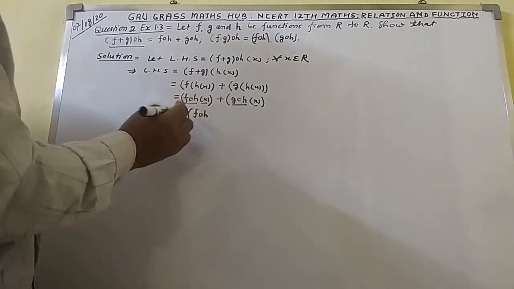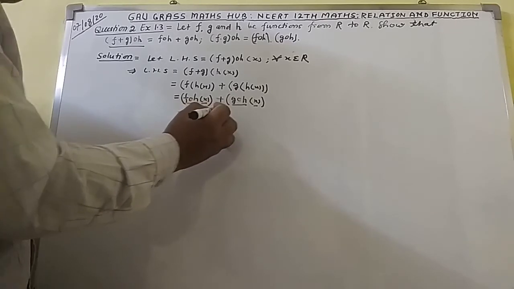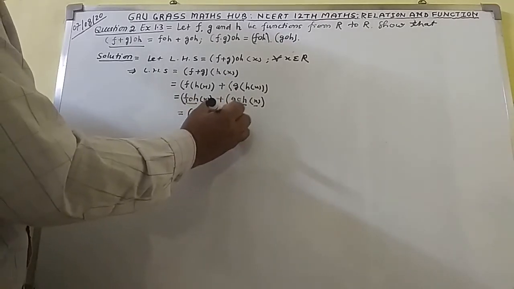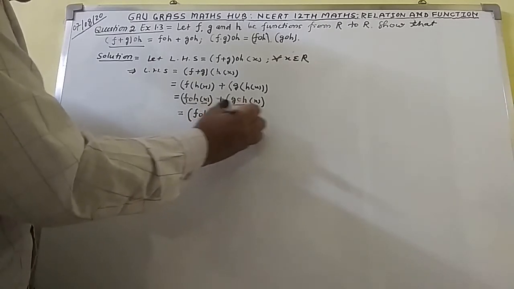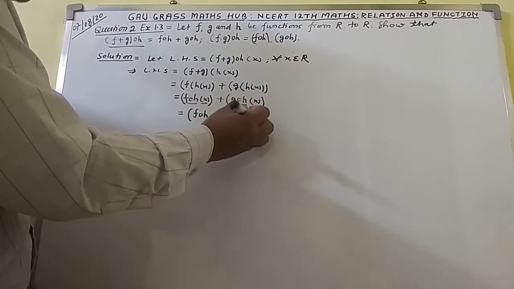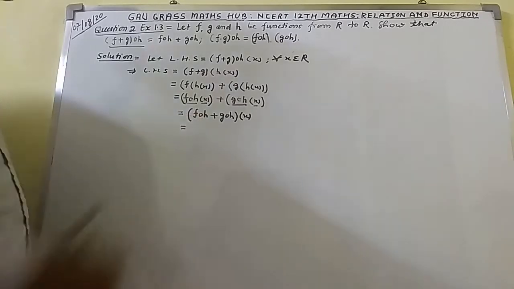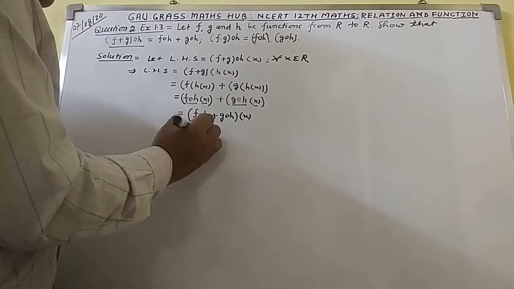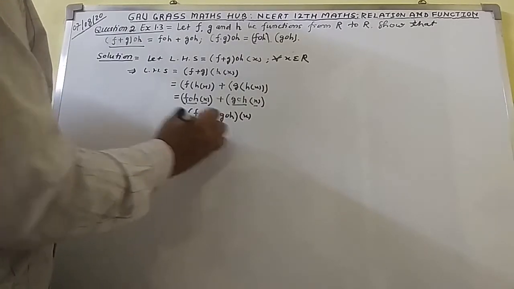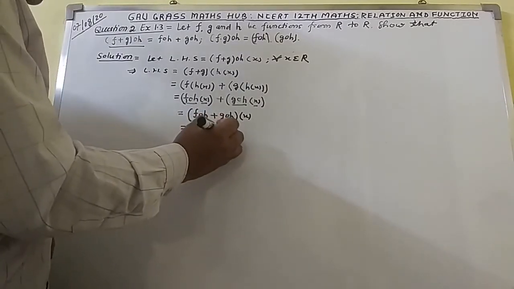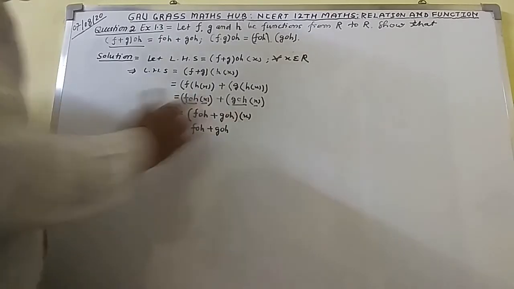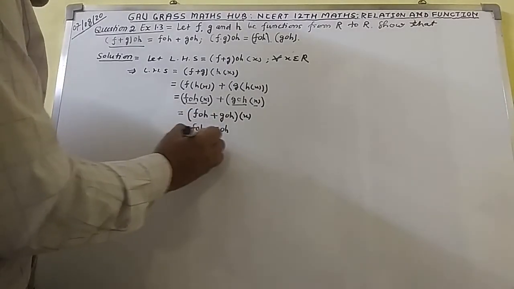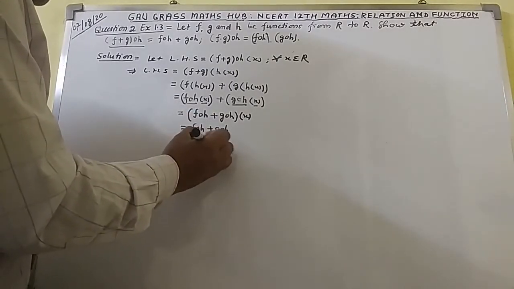In the first term you will get f∘h, in the second term you will get g∘h, bracket 1, here write small x. The bracket will be broken, so here you can write f∘h plus g∘h. So here we have got LHS equal to RHS.